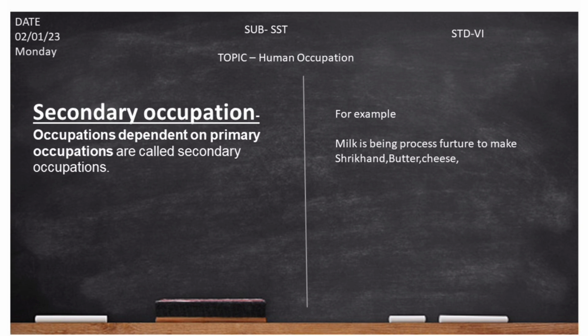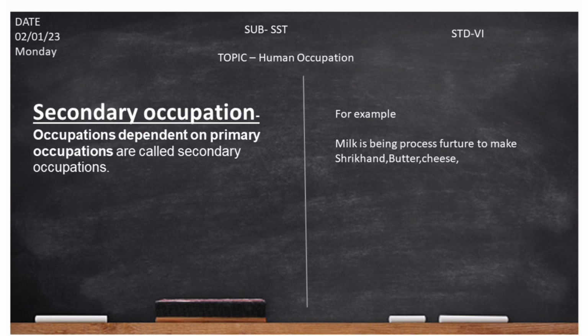Yes, right. The product obtained from nature is processed further. So secondary occupation is dependent upon the primary occupation. In primary occupation, we get the product directly from nature, and in secondary occupation, the product derived from nature is processed further to make different types of products.